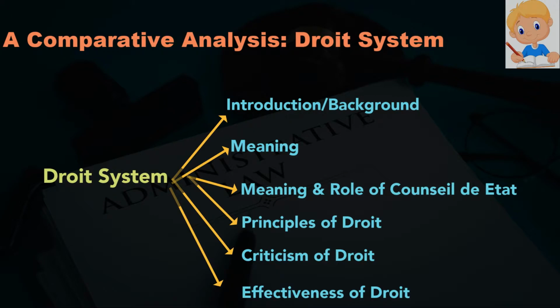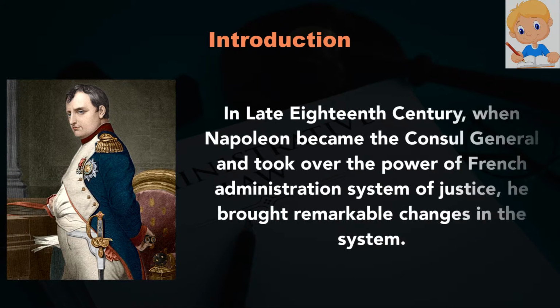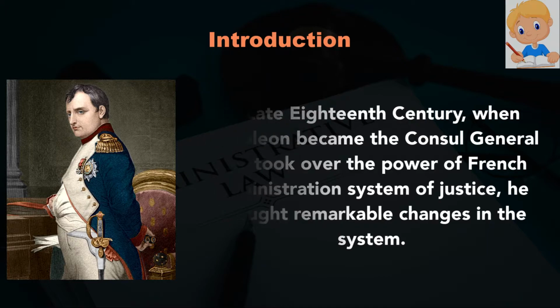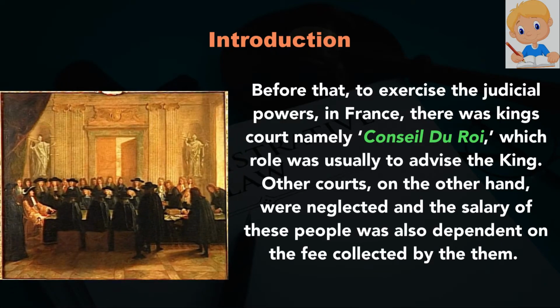So let's begin with the historical background. In the late 18th century, when Napoleon became the Consul General and took over the power of the French administration system of justice, he brought remarkable changes in the system. Because before him, to exercise judicial powers in France, there was the King's Court, namely Conseil du Roi, whose role was usually to advise the king.